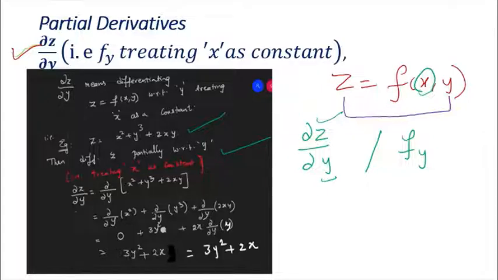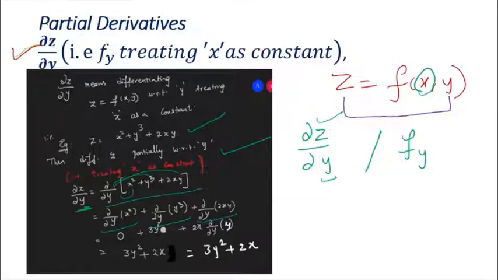So you have dou z by dou y is equal to dou by dou y of x square plus y cube plus 2xy, which is equal to dou by dou y of x square plus dou by dou y of y cube plus dou by dou y of 2xy.